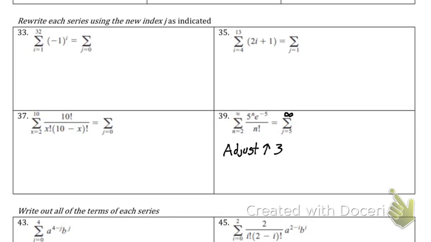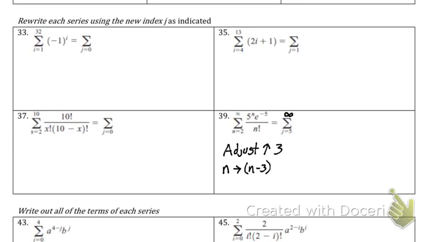But if I'm adjusting up 3, that means I need to replace my variable with what? If I'm adjusting up 3, is it going to be n minus 3 or n plus 3? Lena? Minus? Yep. You're right. It is minus.